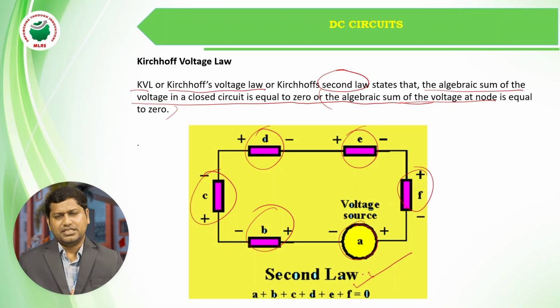The sum of the voltages in a closed loop must be equal to 0. If I add all those voltages, they have to be equal to 0. That's why they have mentioned here A plus B plus C plus D plus E plus F is equal to 0.